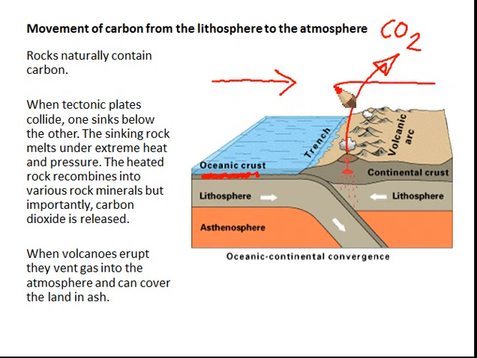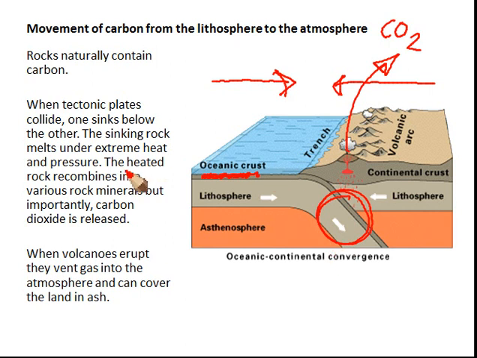But the two plates here, the oceanic plate and this continental plate, are basically colliding towards each other, and we've got the oceanic crust being forced down below the continental crust. And it's during this process that geological processes are taking place.